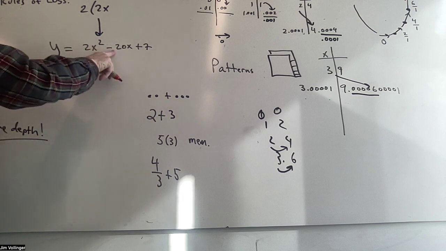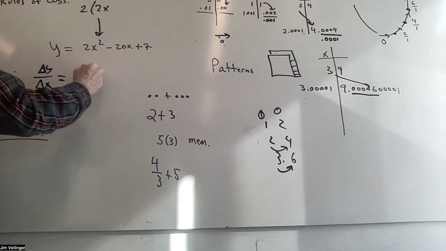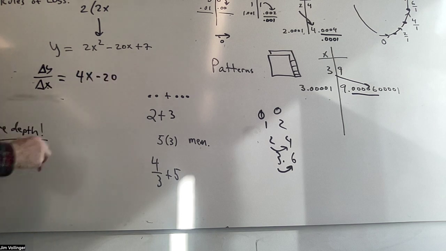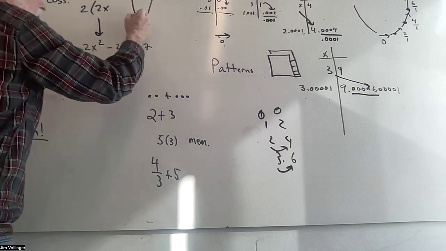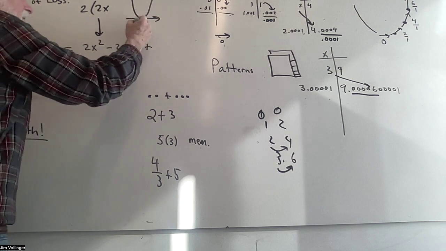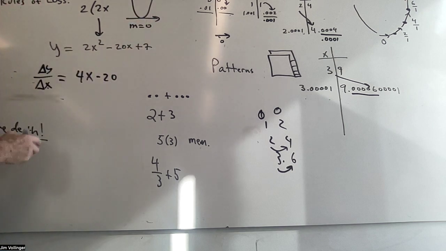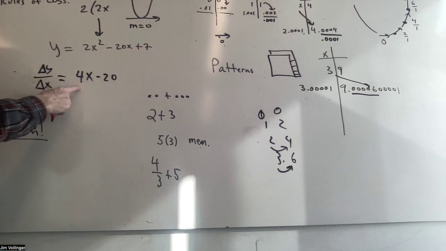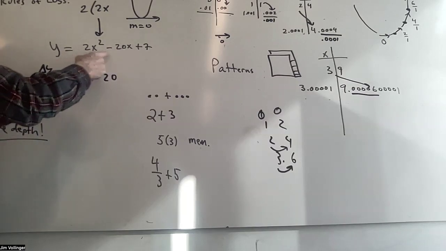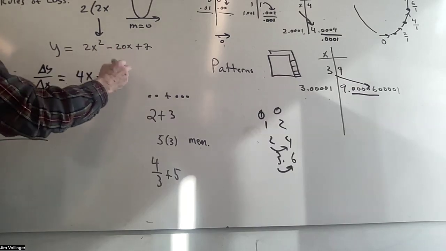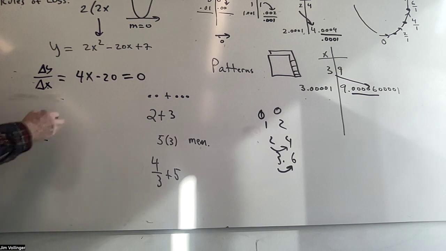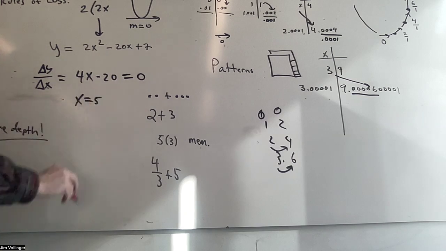And I think that this is always going down at 20 to 1. And I think a parabola has a slope of 0 at its vertex. And so if this is a slope, I'm trying to describe this at every instant. I wonder when it's 0. Sure looks like it's when x equals 5.